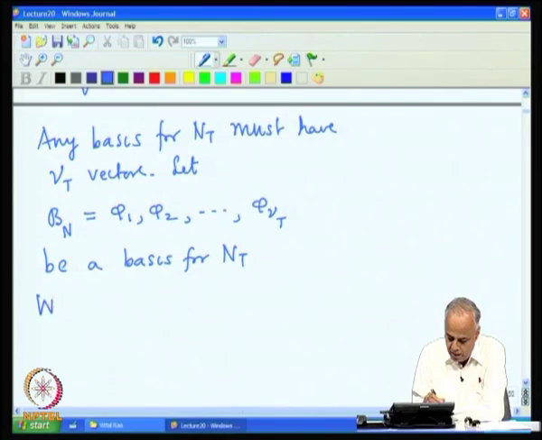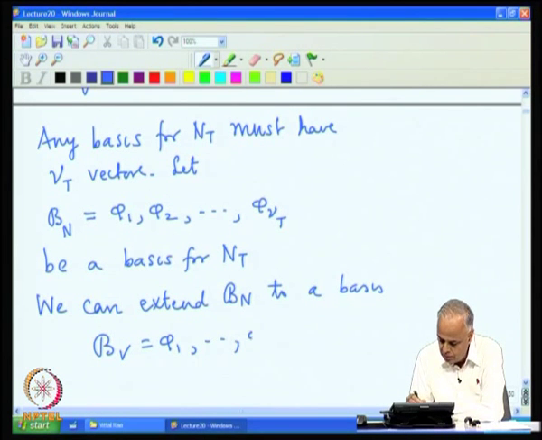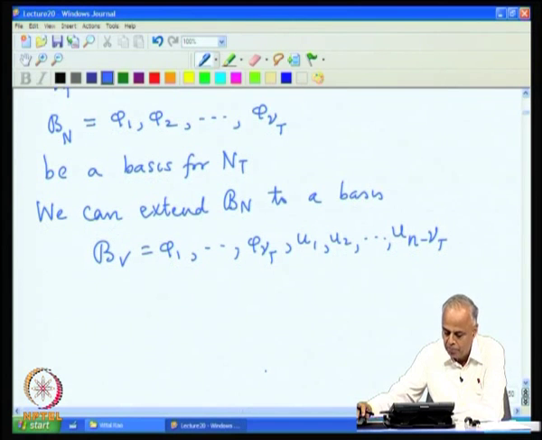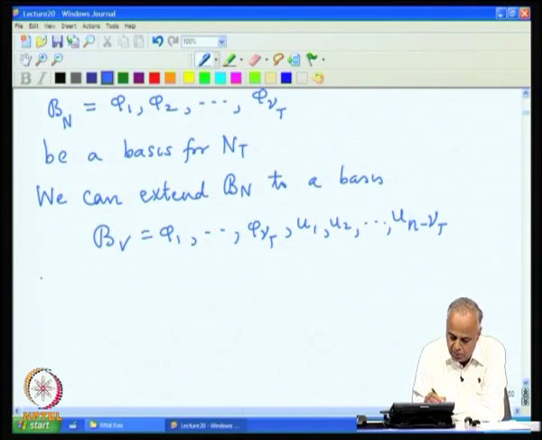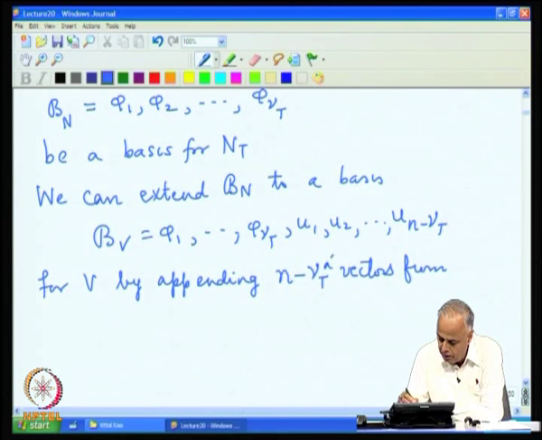So, say we can extend B_N to a basis B_V which consists of all these vectors, and we append exactly n minus nu of T vectors in order that we get totally n vectors to form a basis for V. So, we can extend B_N to a basis B_V for V by appending n minus nu of T vectors, and these should come from outside N of T, and these should be linearly independent.